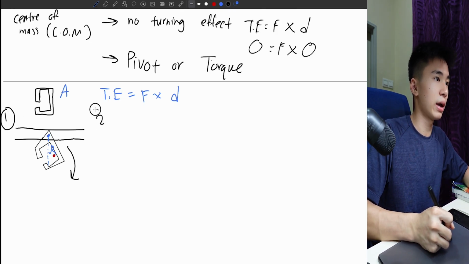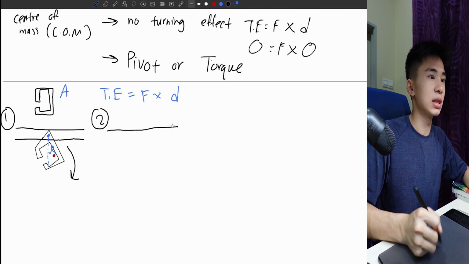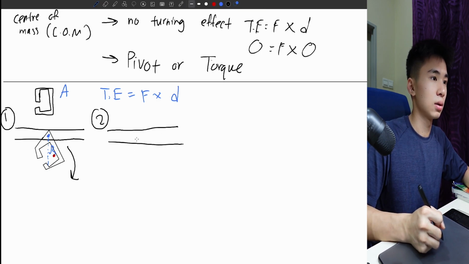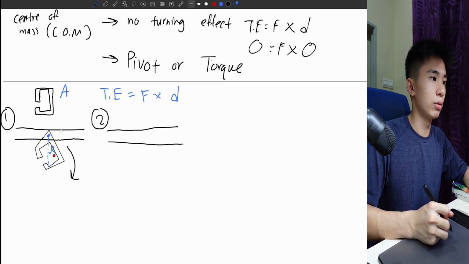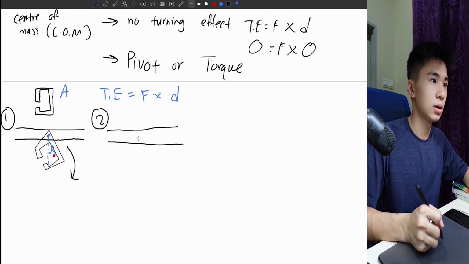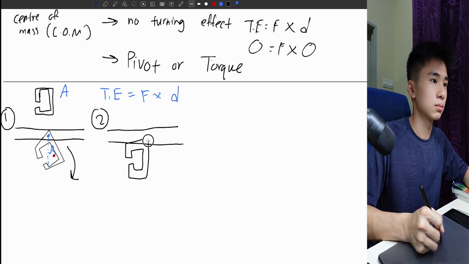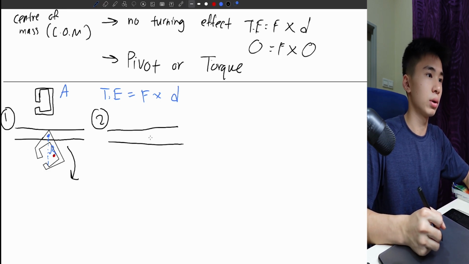In diagram 2, it's the same thing. We'll have a clockwise turning effect, right? So this thing will be like this. Let me draw it bigger.